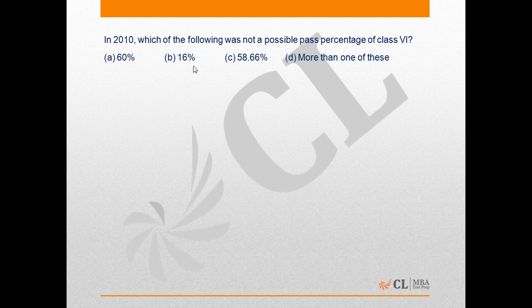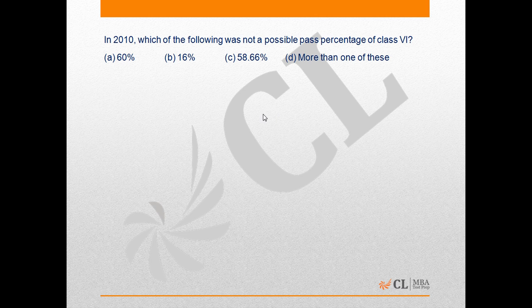In the next question it is asking which of the following was not a possible pass percentage of class 6th. For this we have to find the minimum and maximum possible value of X. We have already calculated the maximum possible value of X. For computing the minimum possible value of X, we need to compute the number of students who passed class 10th in 2010.